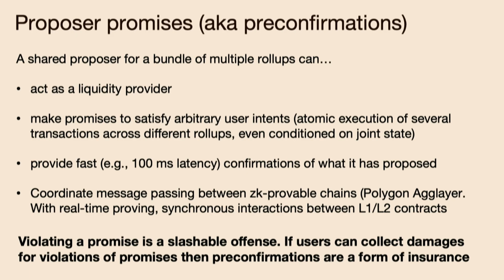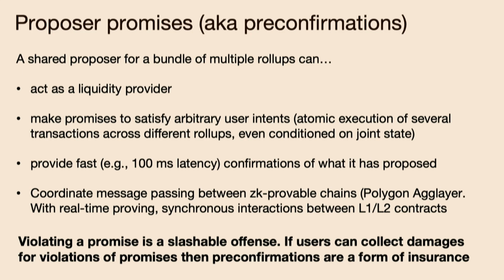So proposer promises, also known as preconfirmations, enable a shared proposer for a bundle of multiple rollups to do many things, including acting as a liquidity provider, making promises to satisfy arbitrary user intents, and atomic execution of several transactions across different rollups.